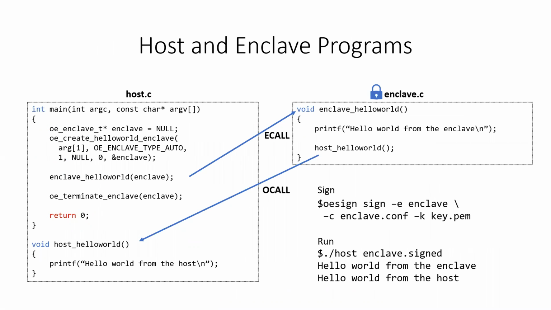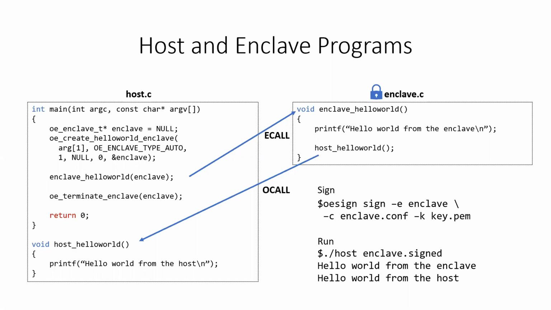Once we define the EDL and generate the edge routines, then next is just going to the program development phase. In this case, we have the host program that defines an ocall, host_hello_world, and the enclave defines an ecall, enclave_hello_world. So the host is just like a normal C program, right? It implements a main function which can be built into an executable.